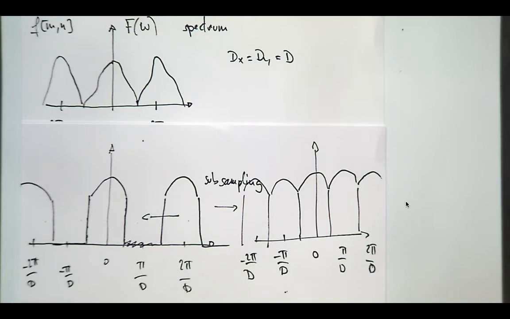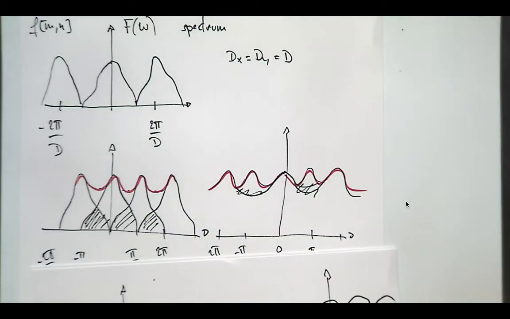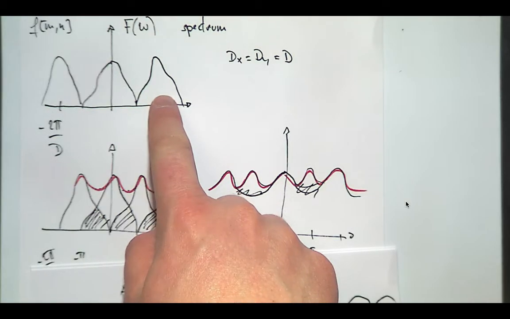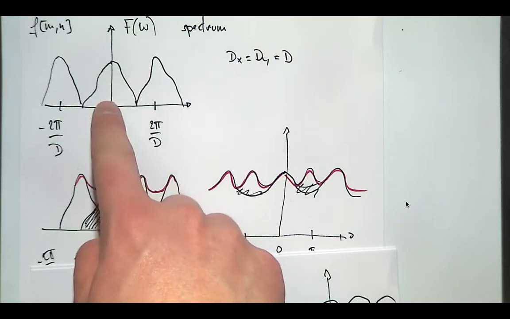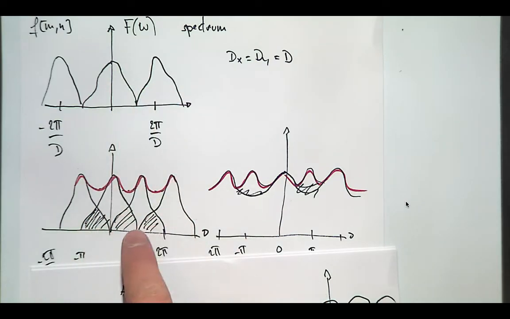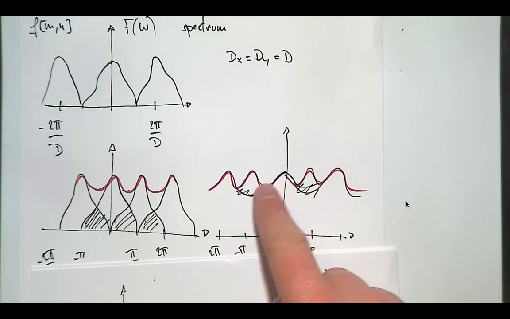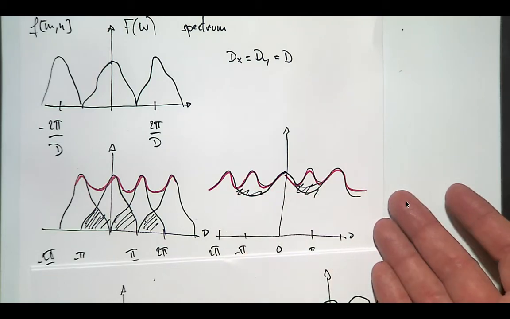So I'll say that again because it has to be super clear. If you just subsample your picture, you will cause aliasing. You will see all the artifacts we've seen last time. Okay, and so we'll see these ghost frequencies. We'll see all these issues due to the aliasing. And the aliasing, we know this is caused by that. So when you subsample, you're going to replicate these lobes at a higher rate, and basically they're going to overlap, and the overlap is going to create this totally different spectrum you had before.